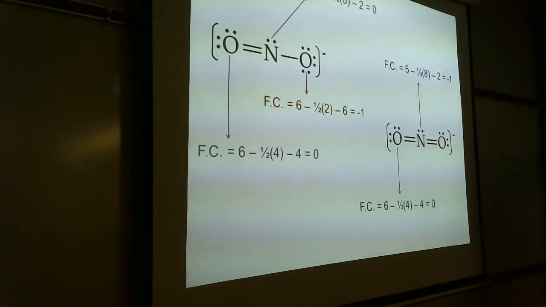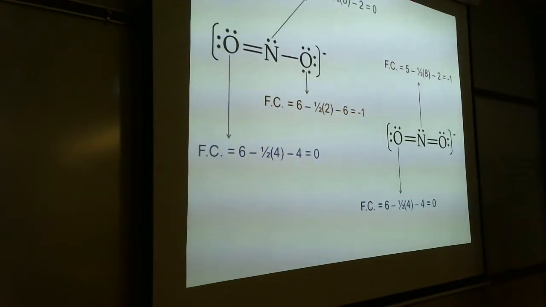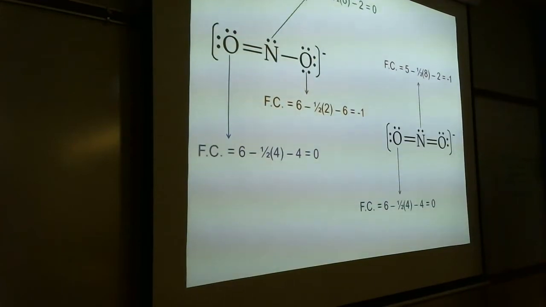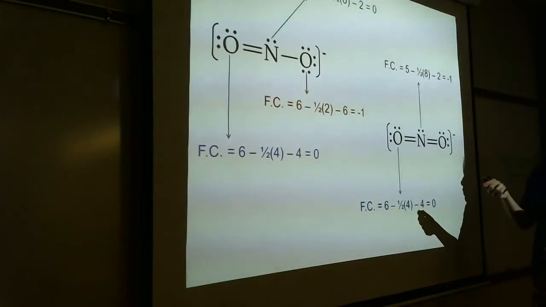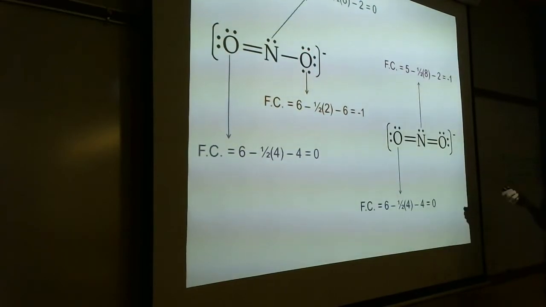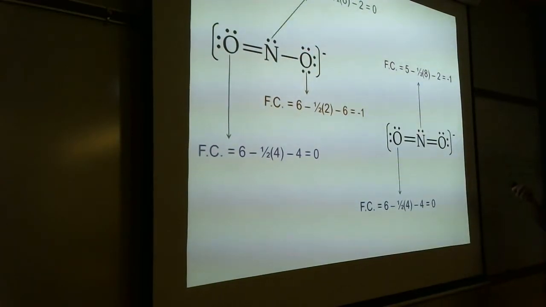Because what's the rule? The negative formal charge needs to be on the most electronegative atom, right? So you're comparing nitrogen versus oxygen, right? In this one, oxygen carries the negative 1 formal charge, and in this one, nitrogen carries the negative 1 formal charge. So which one's more electronegative, nitrogen or oxygen?